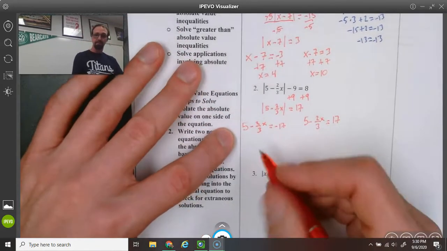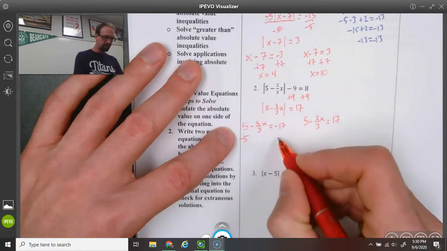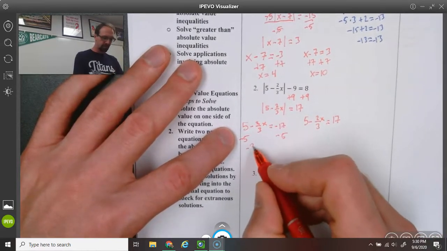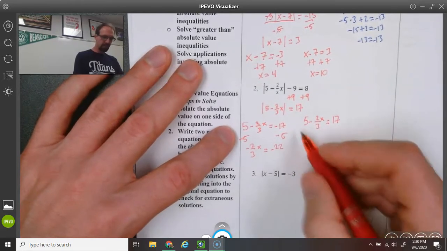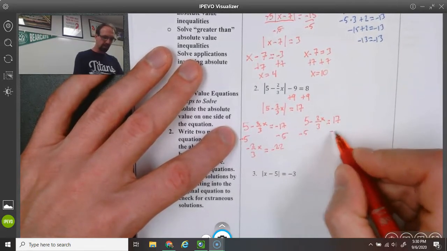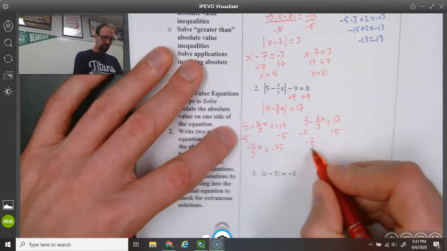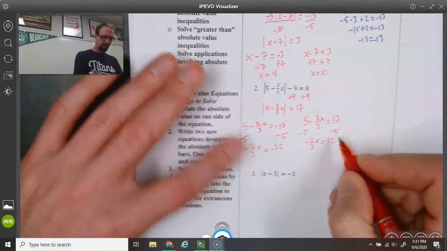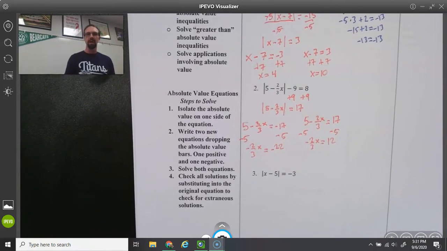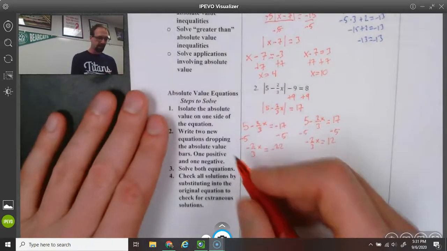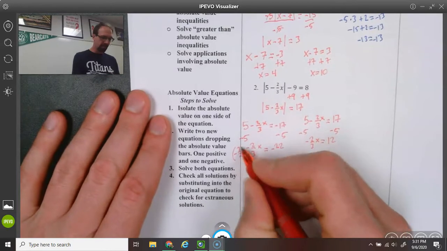So for this one, I'm going to subtract 5 on both sides. Negative 2/3 x equaling negative 22. This one, subtract 5 on both sides. Get negative 2/3 x is equal to 12. To get rid of the negative 2/3, we want to multiply by the reciprocal. So I'm going to multiply both sides by negative 3/2.